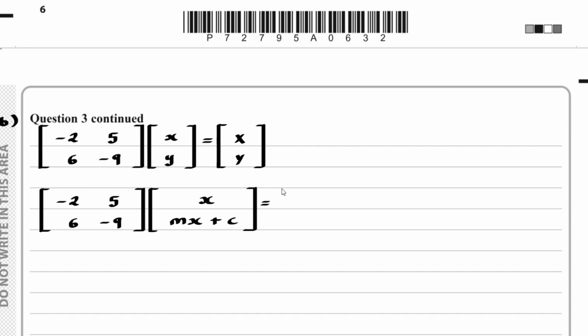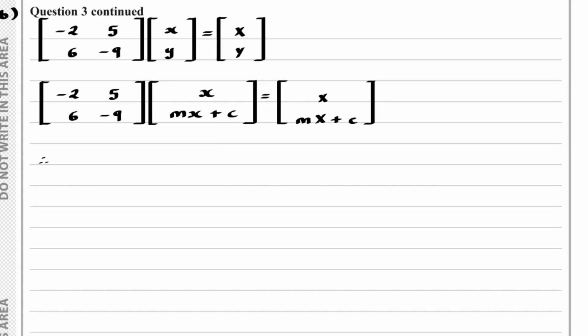And this is equal to, well, here we've got this capital X, and then this capital Y we can rewrite as m times capital X plus c. And this is because we are working out the invariant lines. So let's work all of this out.